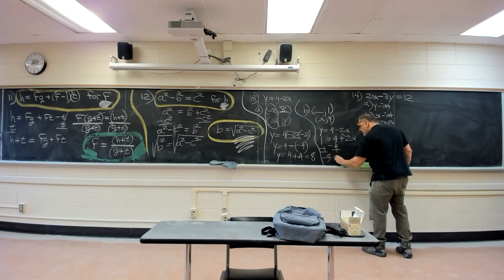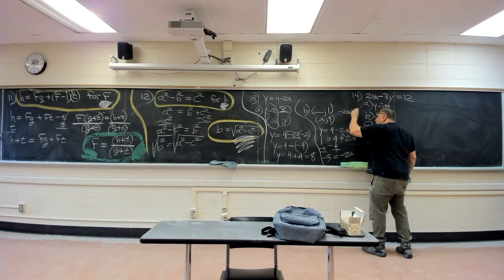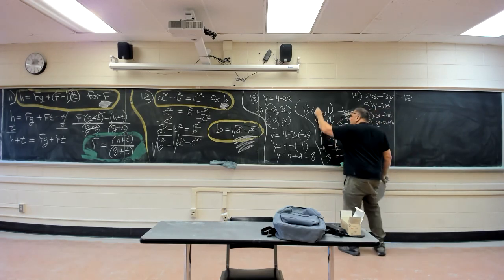This is out of there. This is negative 2x. Negative 2x equals negative 3. X is 3/2, or 1.5.